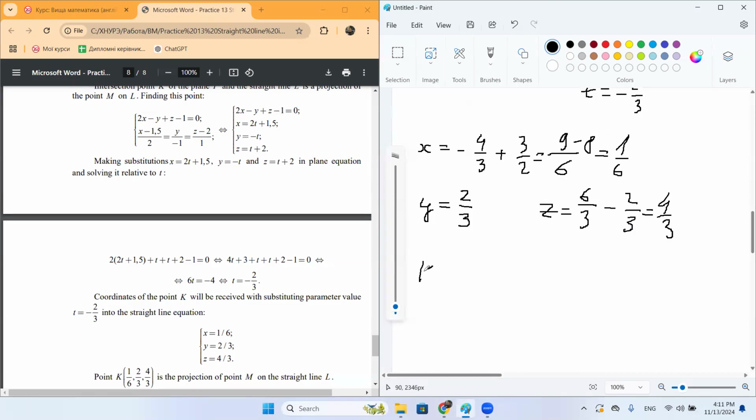So here are the coordinates. Here it's named K, but we already named N, but never mind. So the projection of point M has coordinates 1/6, 2/3, and 4/3.